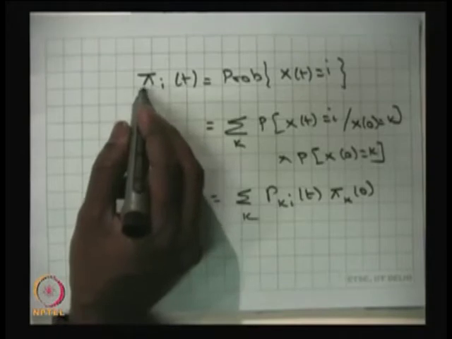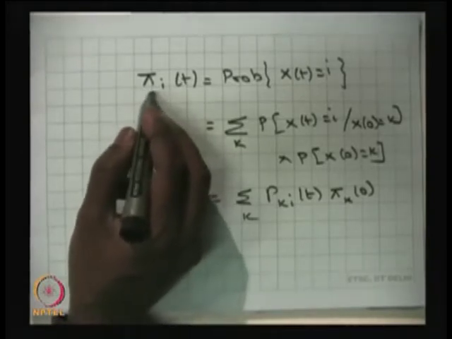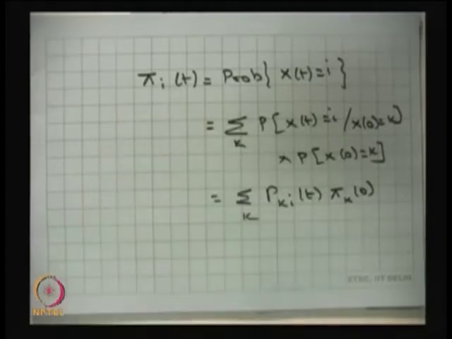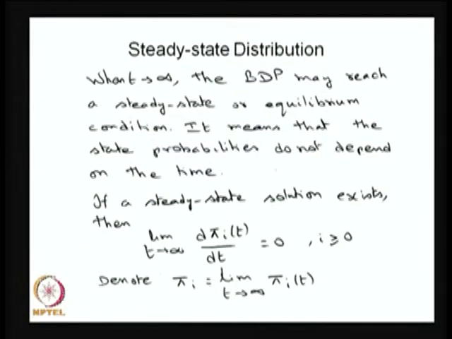So, this is a probability mass function, the probability mass at state i. So, now what I am defining, whenever the steady state distribution exists, that means it is independent of time t. Therefore, as t tends to infinity, the pi i of t can be written as pi i.